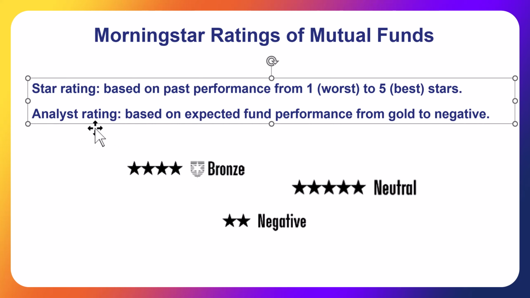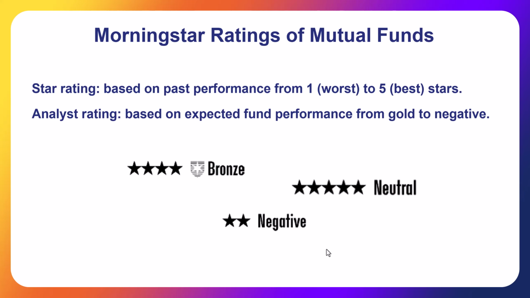We also have some analyst ratings. So the analysts will rate us from 4 stars being bronze, the 5-star in the middle is neutral, and again, 2-star here would be negative. So that's the analyst kind of rating. Typically, as an investor, you might say, I don't want to buy any mutual fund that has less than 3 stars.